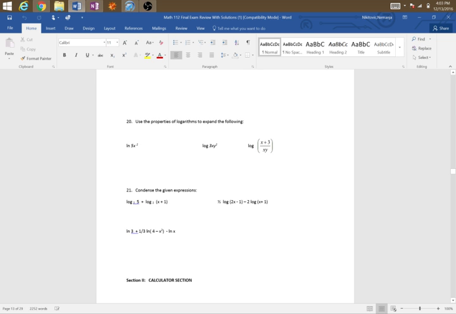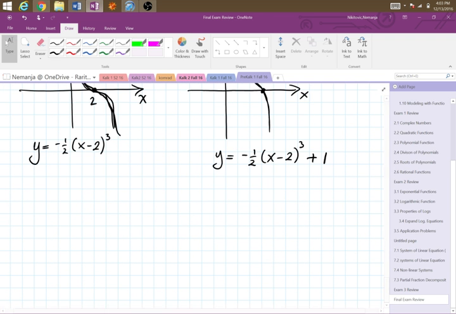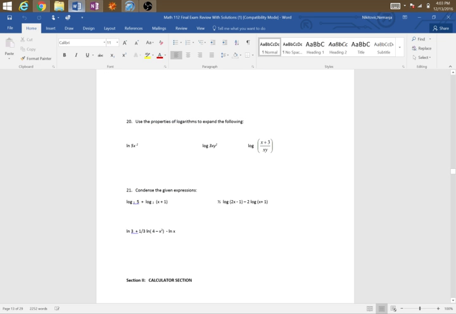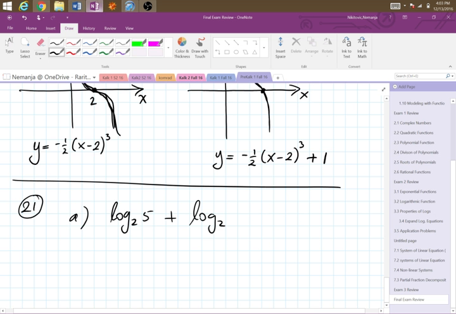All right, so log base 2 of 5 plus log base 2 of (x plus 1). What do I do, guys? Well, you're going to take the log out first.